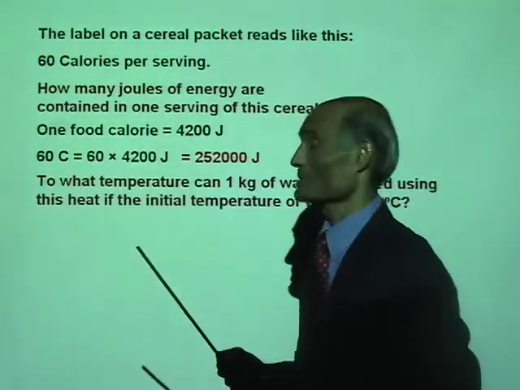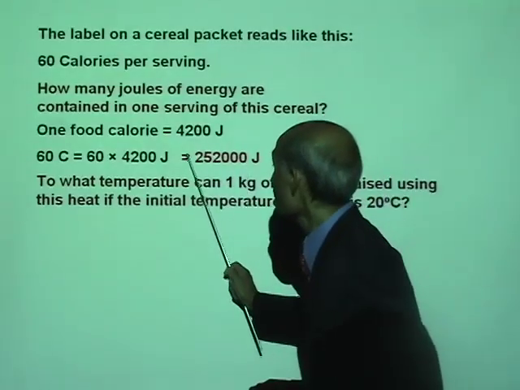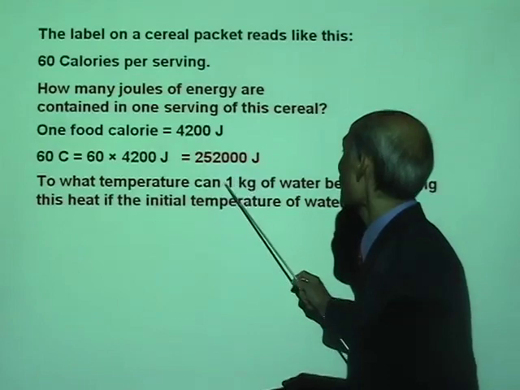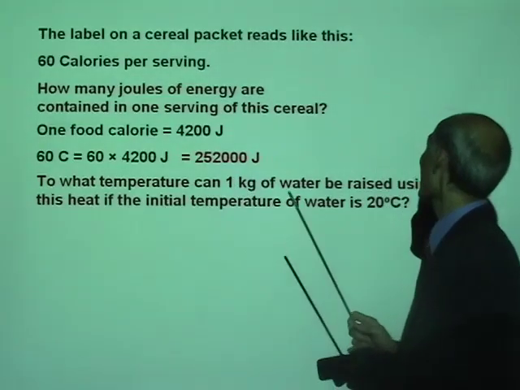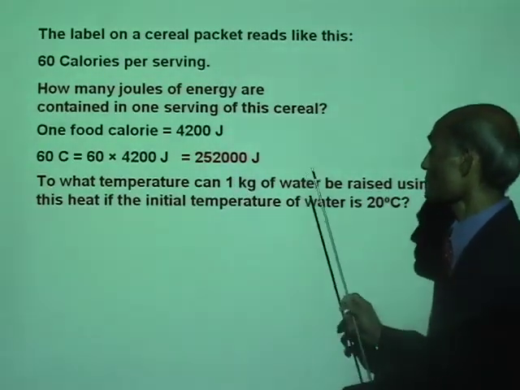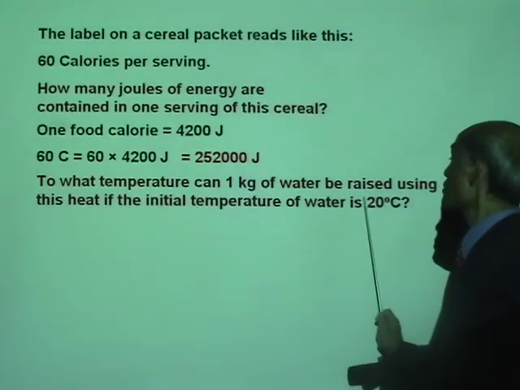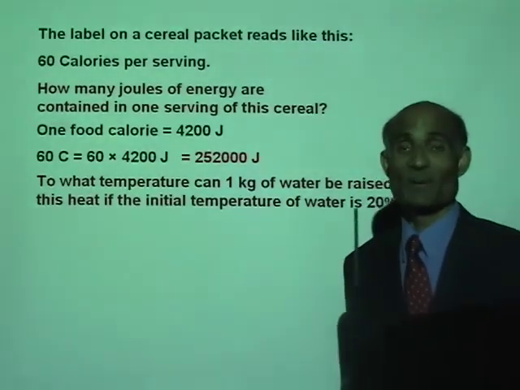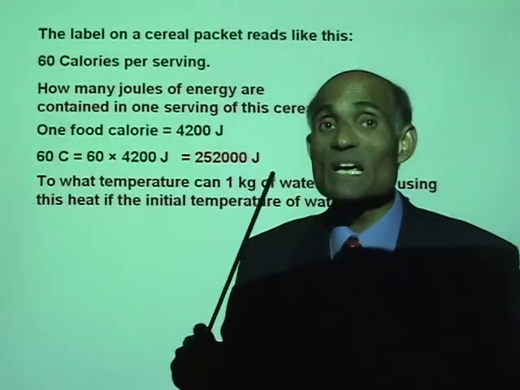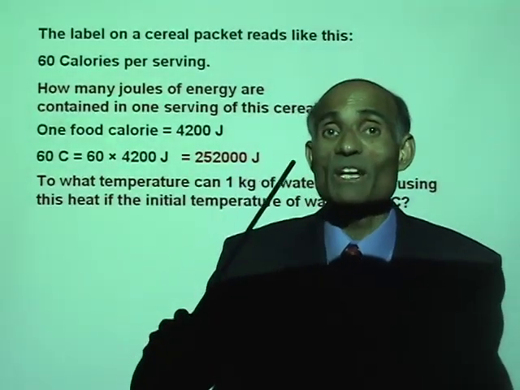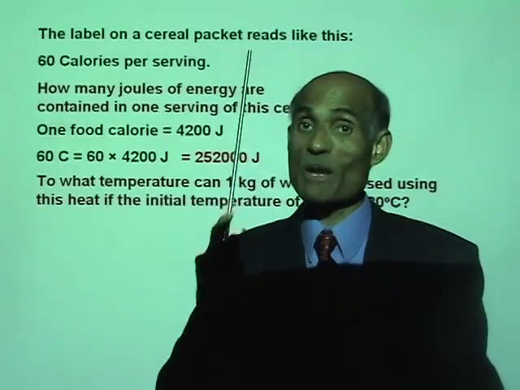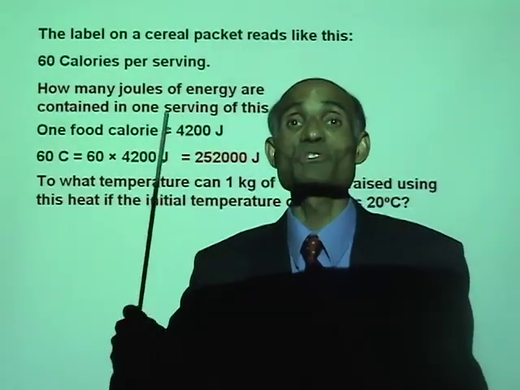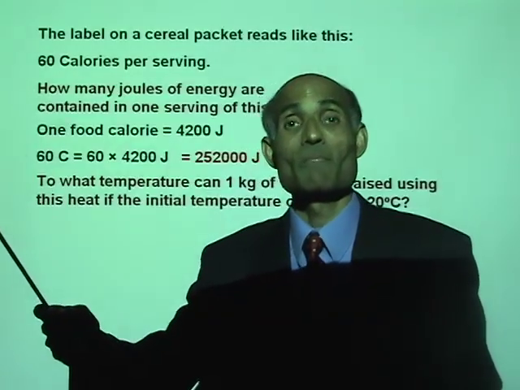Now let me ask you this. Using this amount of heat, to what temperature can 1 kilogram of water be raised if the initial temperature of water is 20 degrees Celsius? Remember, in order to raise the temperature of 1 kilogram of water by 1 degree Celsius, you need 4,200 joules.